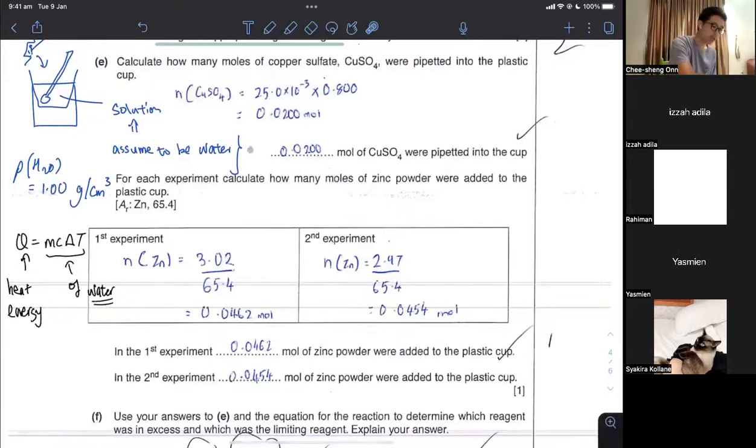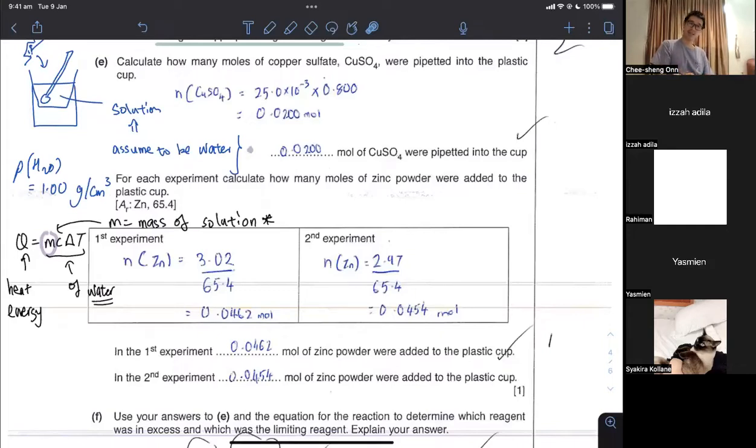Your thermometer was immersed in the water. It measures the temperature change of the water, of the solution. So the key mistake here is the M. What is M? M is the mass of the water, because you are raising the temperature of the water. You are not raising the temperature of the solid. Remember, this MC delta T refers to the solution.